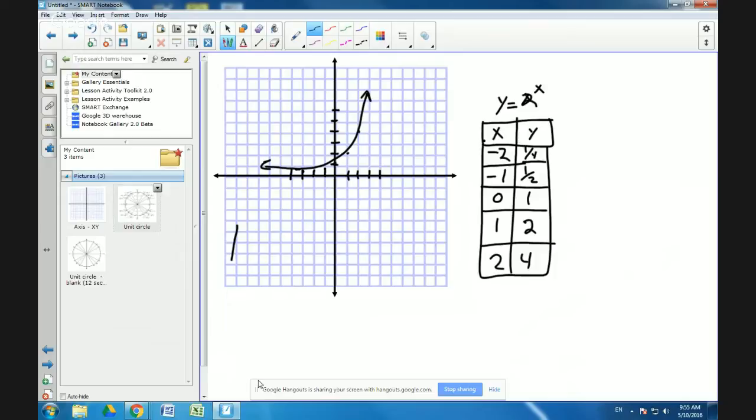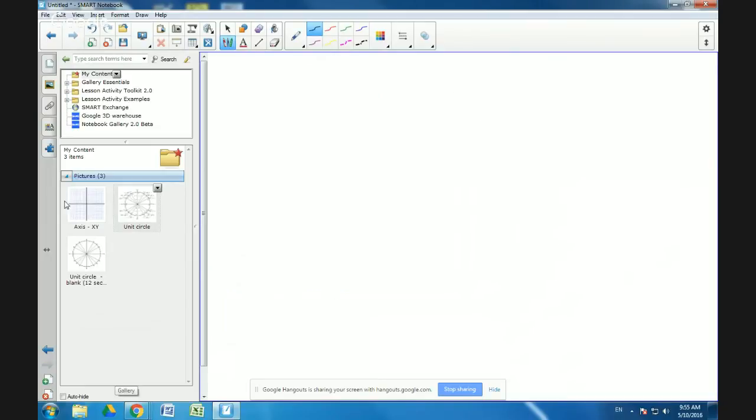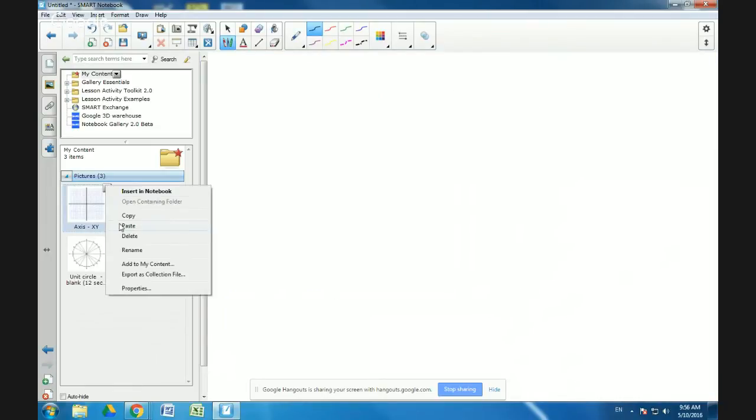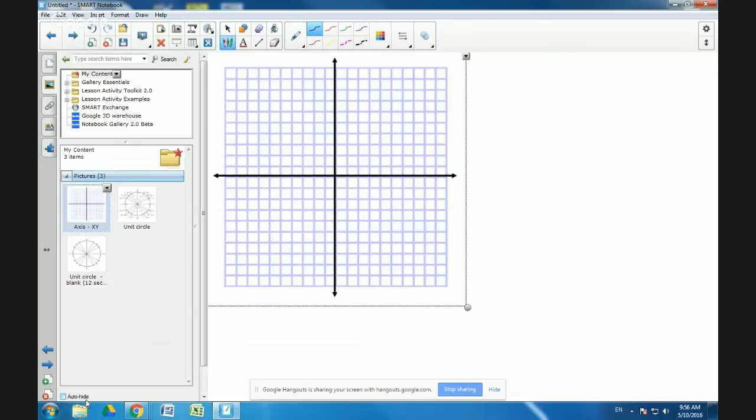So now try one on your own. So let's try y equals 3^x. Okay, so here you should have your table.